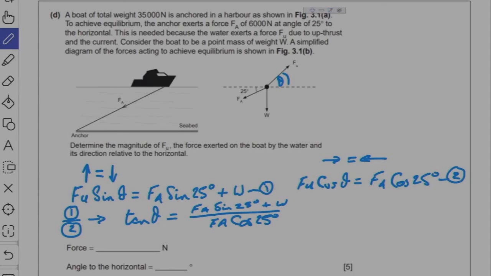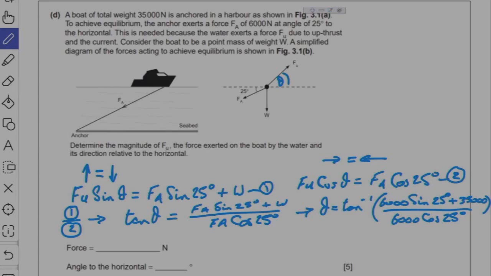So you end up with that expression that tan theta equals Fa sine 25 plus W over Fa cos 25. And so theta is the inverse tan of that filled in. So we need to bump that through the calculator in order to get our theta. And that gives you like 81.7568, etc. degrees, which we'll call 82 degrees.